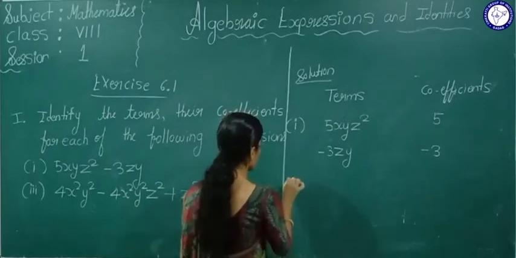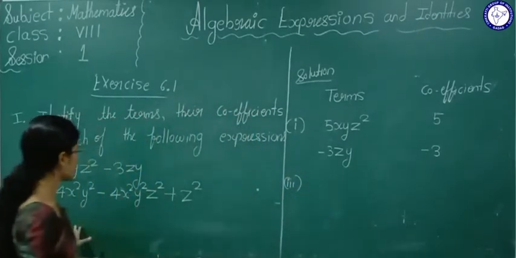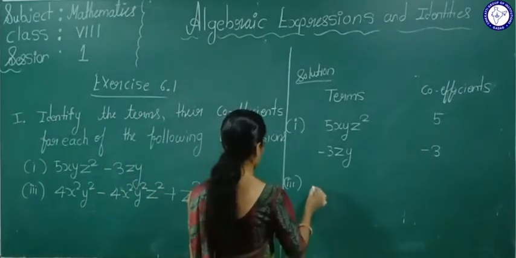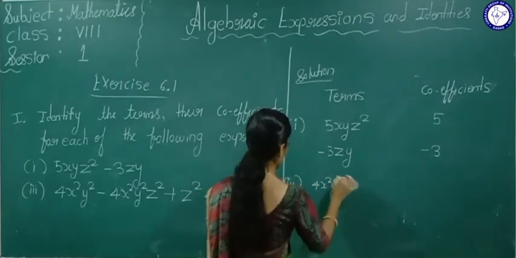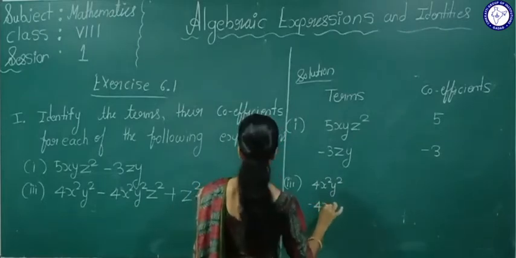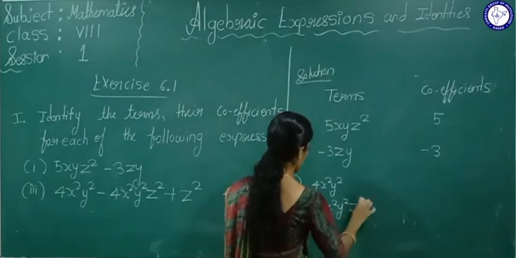In a similar way we will write the third one. How many terms are there? 1, 2, 3. We will write here. Which are those? 4x square y square is one term. One more term is minus 4x square y square z square.